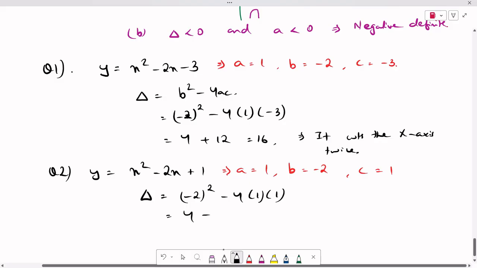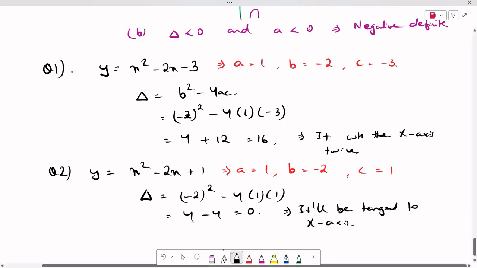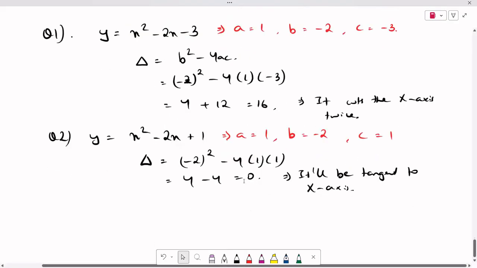That's 4 - 4, which is 0. Since the discriminant is 0, it will be tangent to the x-axis. And if you're still confused about what I mean by tangency, tangency means that the graph will touch the x-axis only once.